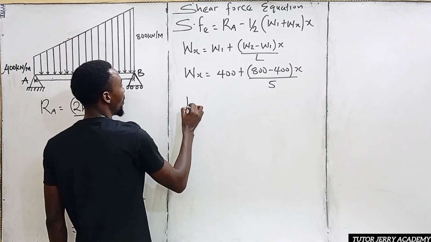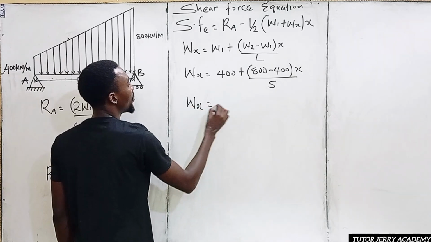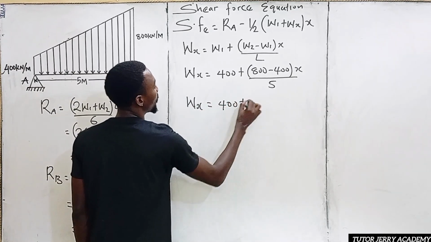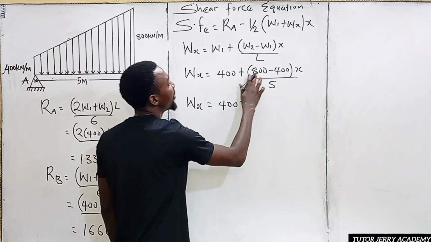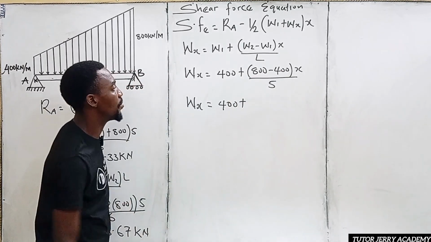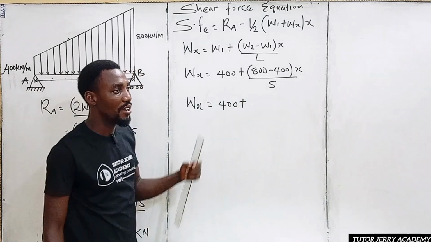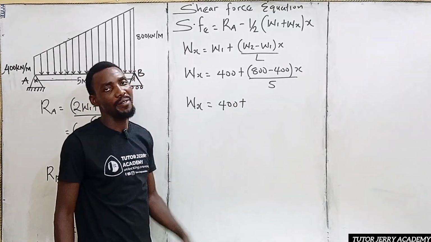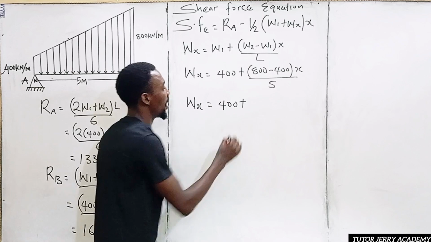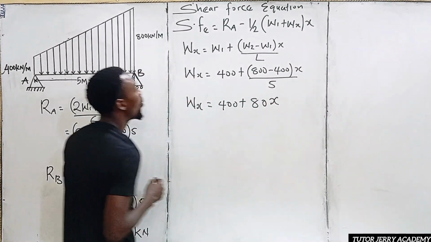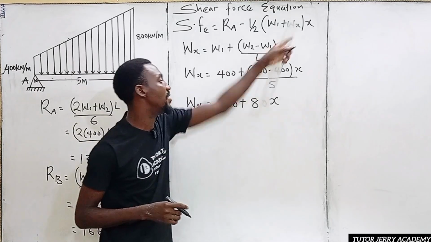If we do this, WS is equal to 400 plus (800 minus 400, which is 400), and 400 multiplied by S divided by 5 gives us 80S.